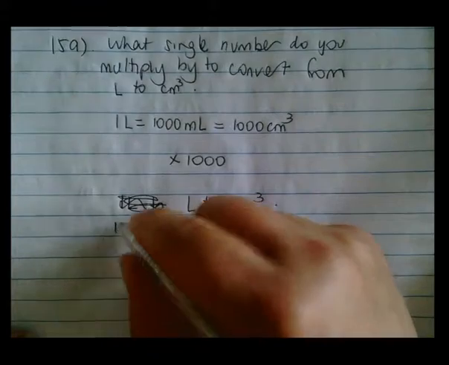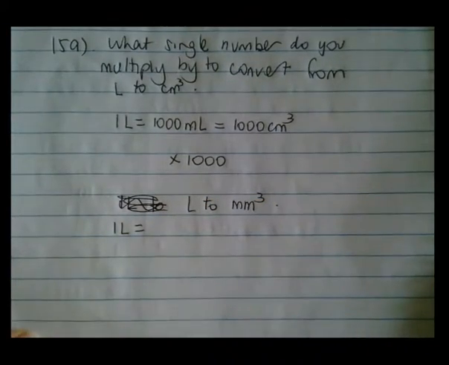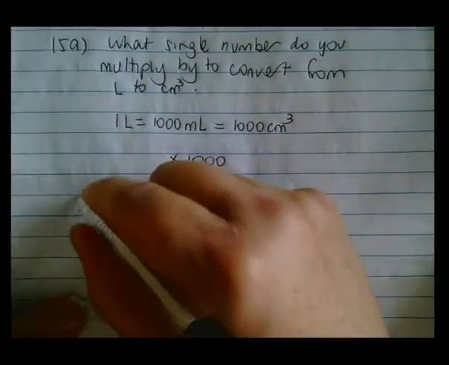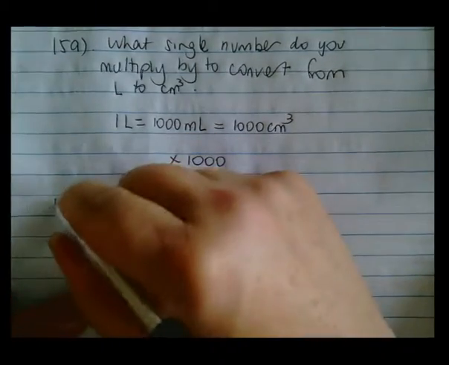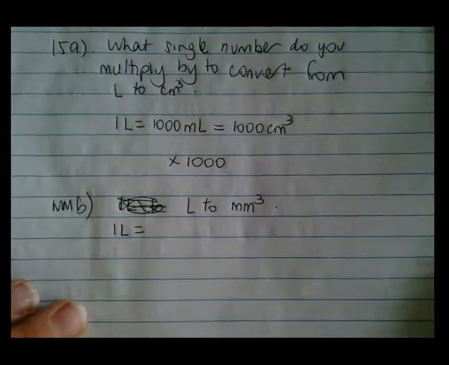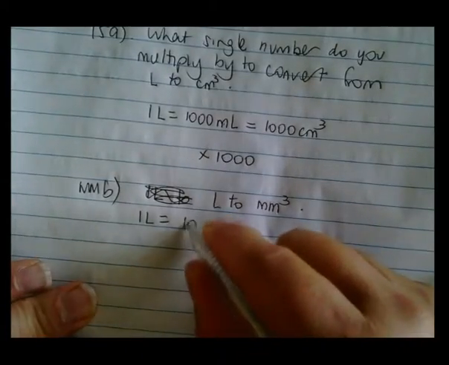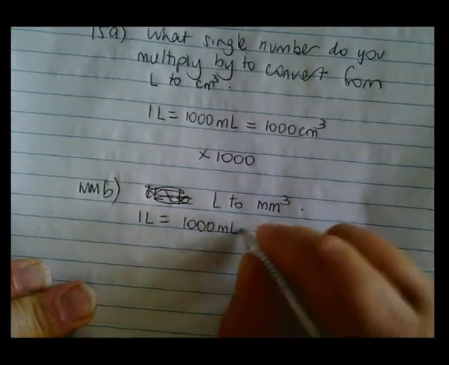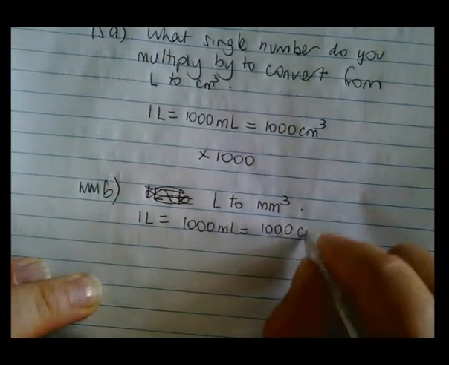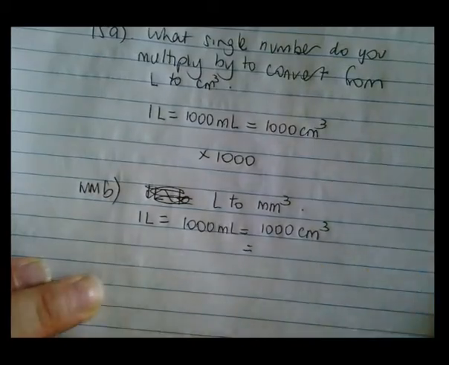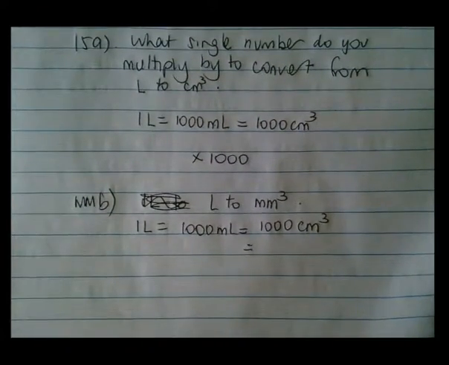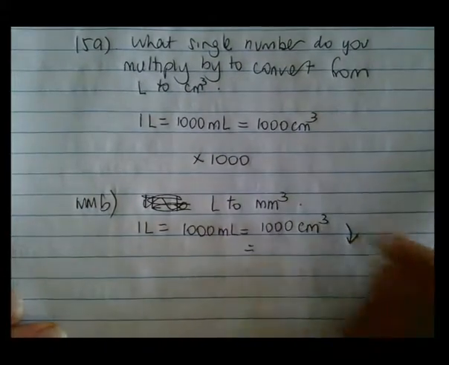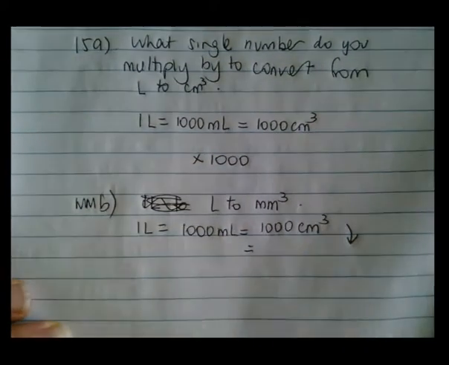All right, let's go. 1 liter is what? 1,000 mils, which is 1,000 centimeters cubed. Now, we've got that from before, but I need it in millimeters cubed. How do you convert from centimeters cubed to millimeters cubed?